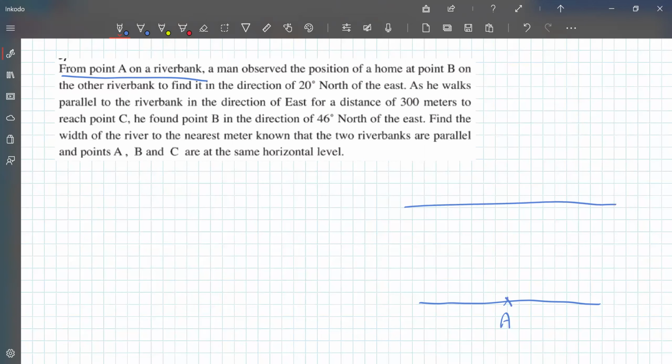This is the location of the man, at point A, on this river bank, and this is the other river bank. He observed it in the direction of 20 degrees north of the east.